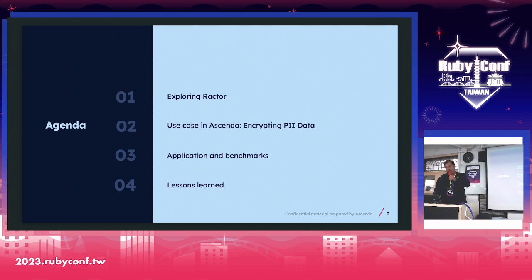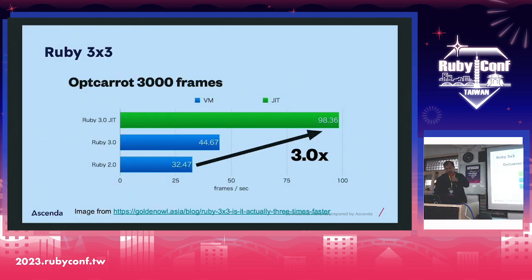To give some context, when developing Ruby 3, Matz set a goal for it to be 3x faster than Ruby 2. With the application of the just-in-time compiler, and with the optimization work, we reached the goal that we set.